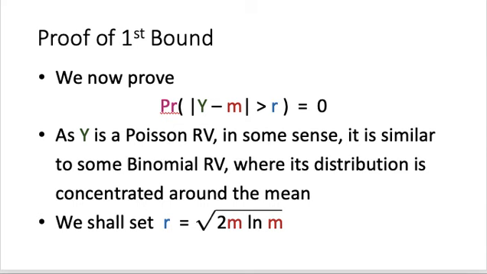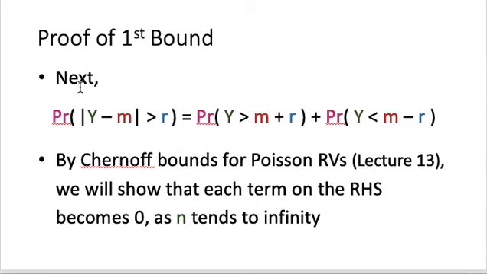The probability of this term that we want to find is divided into two cases. One is when Y is very large, greater than m plus R, and the other case is when Y is very small, less than m minus R. These two fit something that we have already proven before, the Chernoff bounds.